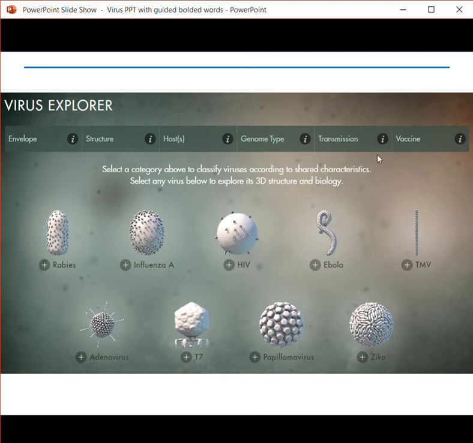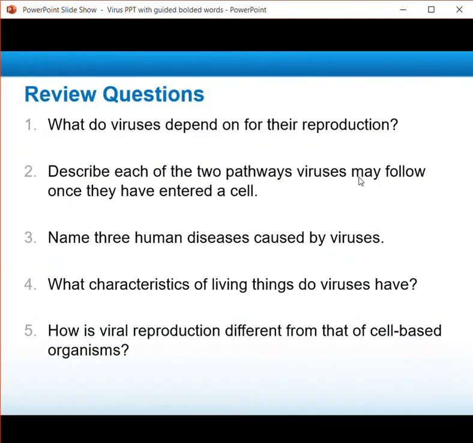So now that we have looked at these things, let's go through some questions. Number 1, what do viruses depend on for their reproduction? Number 2, describe each of the 2 pathways viruses may follow once they have entered a cell.